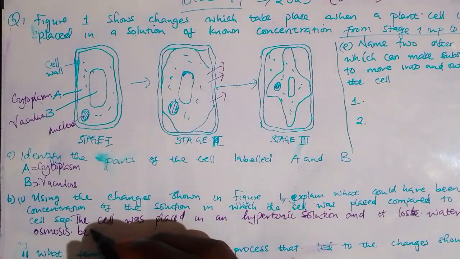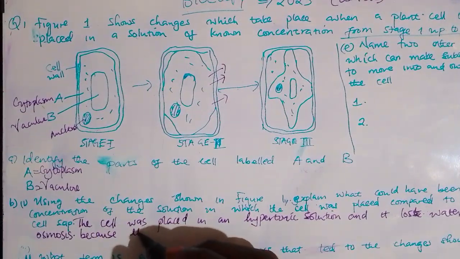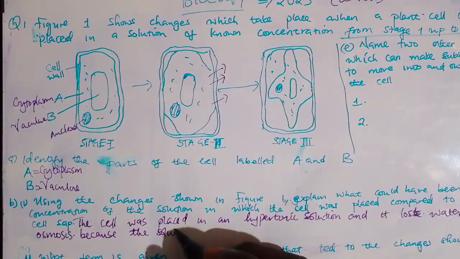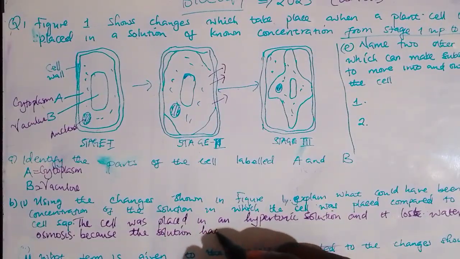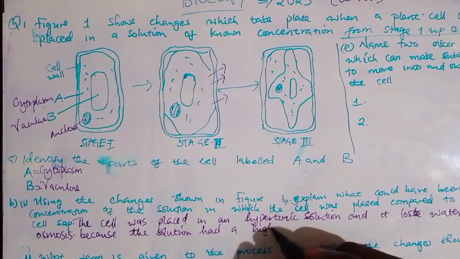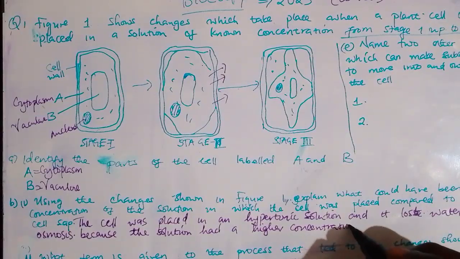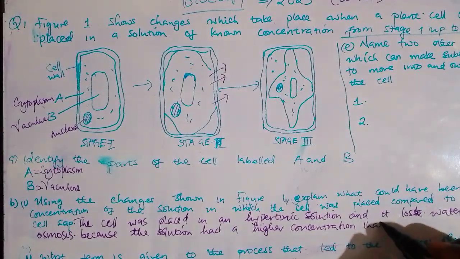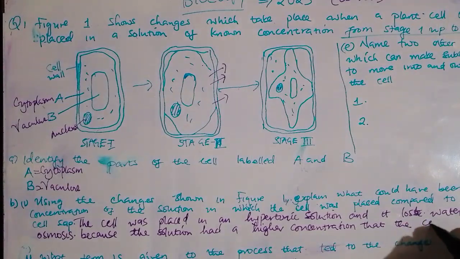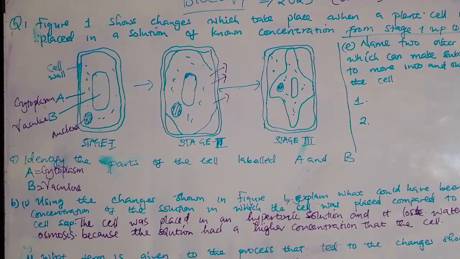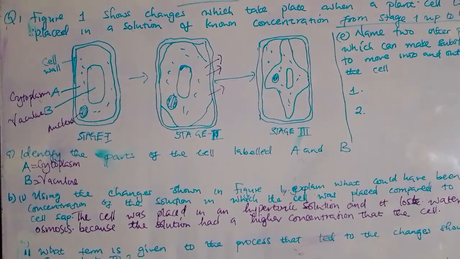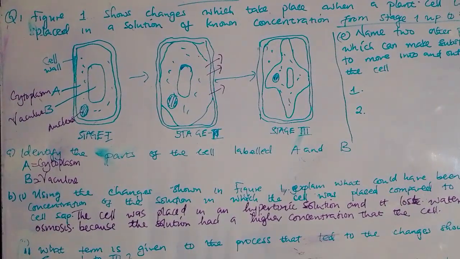Because the solution had a higher concentration than the cell. Yeah. So meaning if the concentration outside the cell is high, the cell will start losing water so that the concentrated part also becomes diluted. So this is what you need to know on hypertonic.